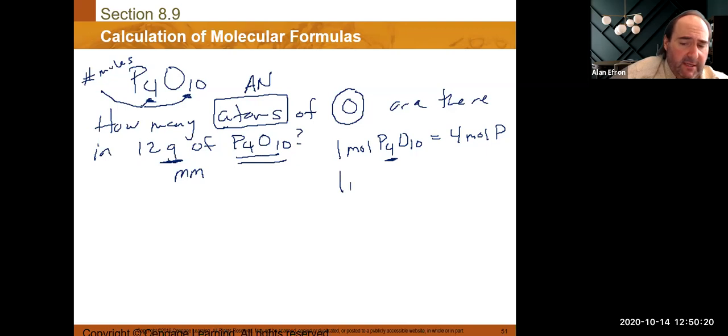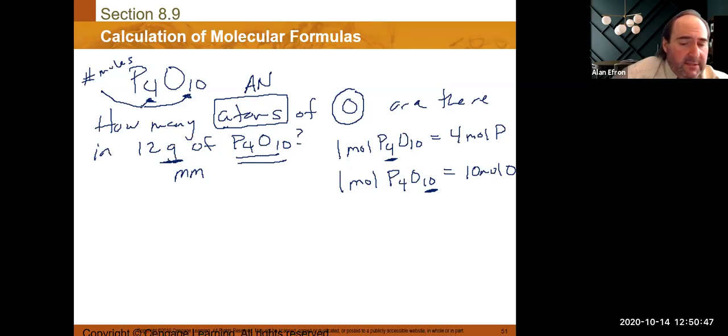We could also say that in 1 mole of the entire thing, there are 10 moles of just the oxygen. So we could use the formula and the idea that these little numbers on the bottom are moles to come up with a conversion factor to go from the whole thing to just the oxygen part, or to just the phosphorus part.